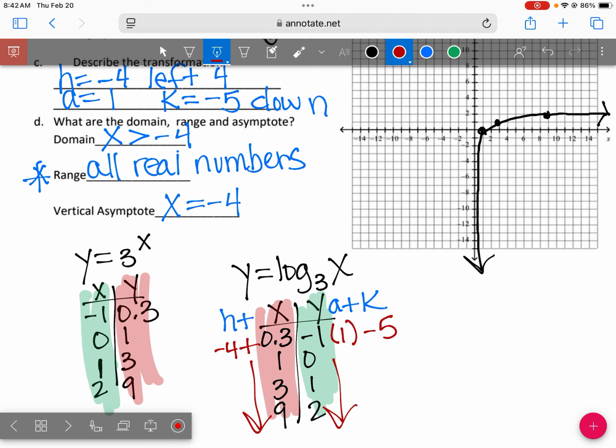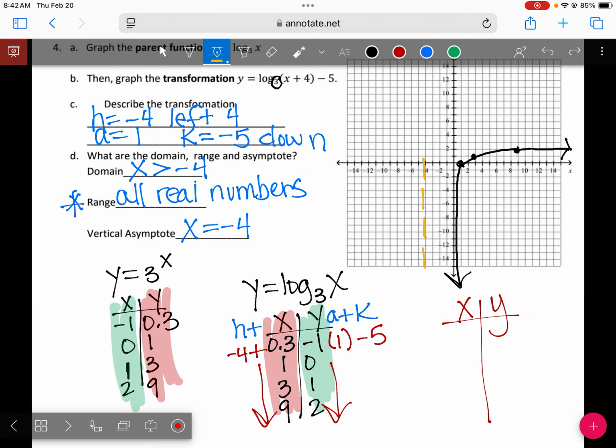Okay, I'm going to do this in yellow. So this is where the wall is for this next one. It's not going to go through the wall. We can't walk through a wall. So you're going to add the -4 and then subtract the 5. So go ahead and do that and graph it.